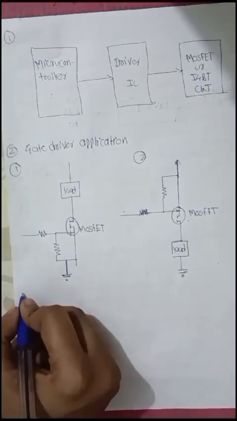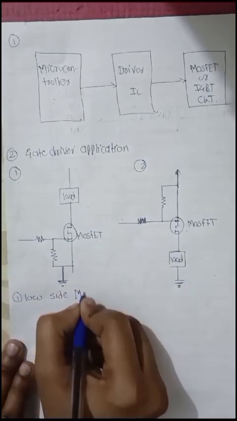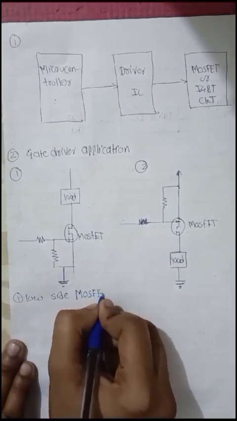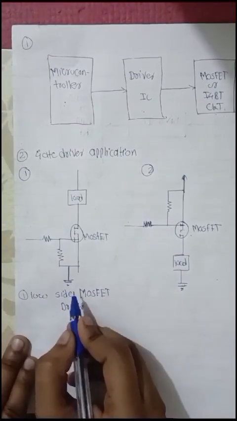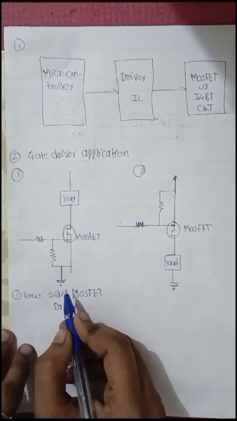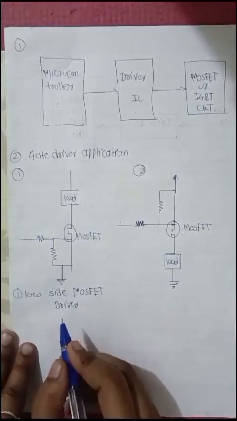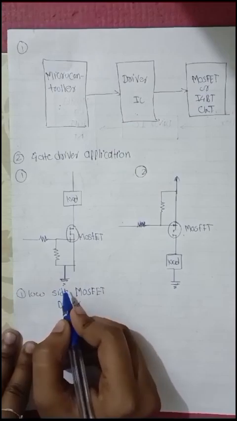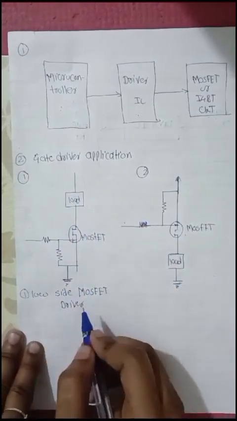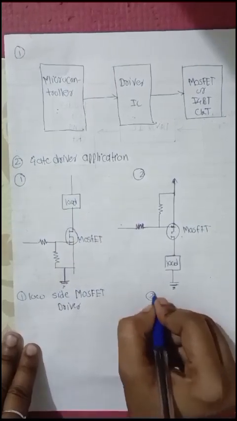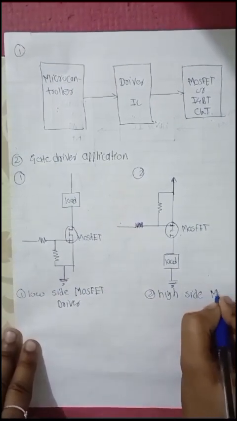We will discuss the low side MOSFET driver first. In a low side MOSFET driver, the MOSFET is connected to the ground and the load is connected to the supply. Such a configuration is a low side MOSFET driver, and another one is a high side MOSFET driver.